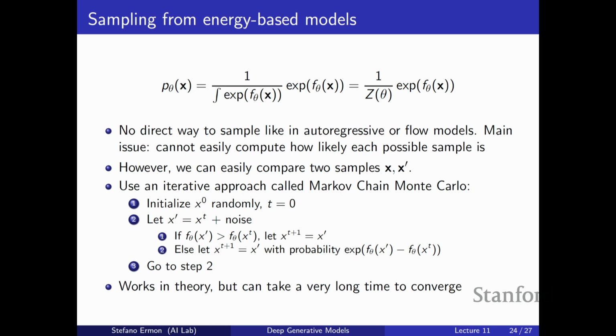So you always take an uphill. If your probability goes up, you always take that step. If it's a downhill move, then you take it with some probability. And if it's about the same, then you're likely to take it. If it's much worse, then this probability is going to be very small, and you're not going to take that kind of move.